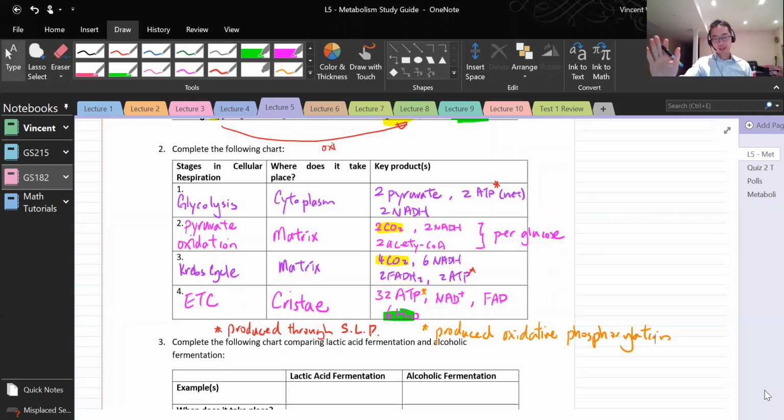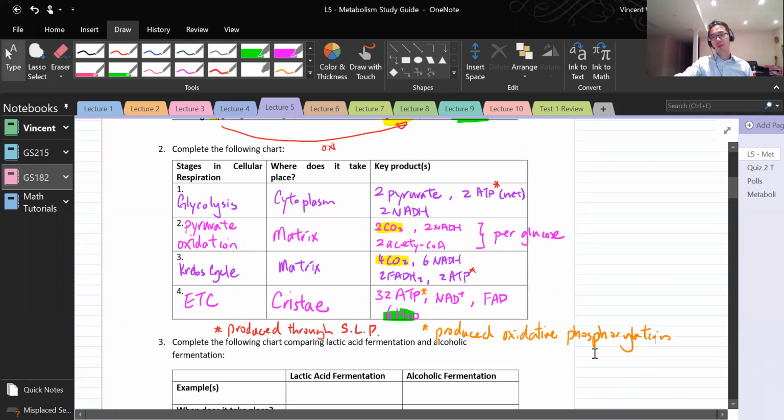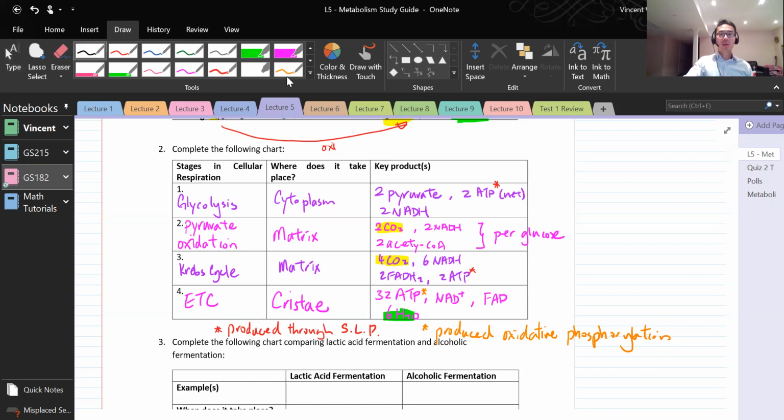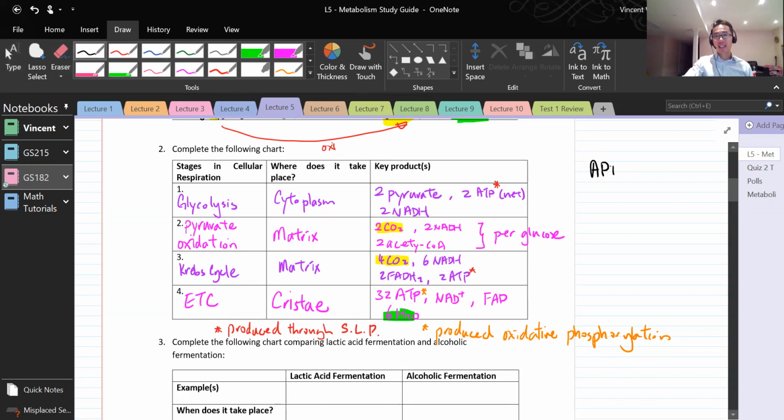And again, just in case you're confused about these big words, to phosphorylate is to put a P onto something. We're trying to make ATP, so we are trying to phosphorylate ADP. So ADP plus a P creates ATP. When you add the P onto ADP, it's called phosphorylation of ADP.